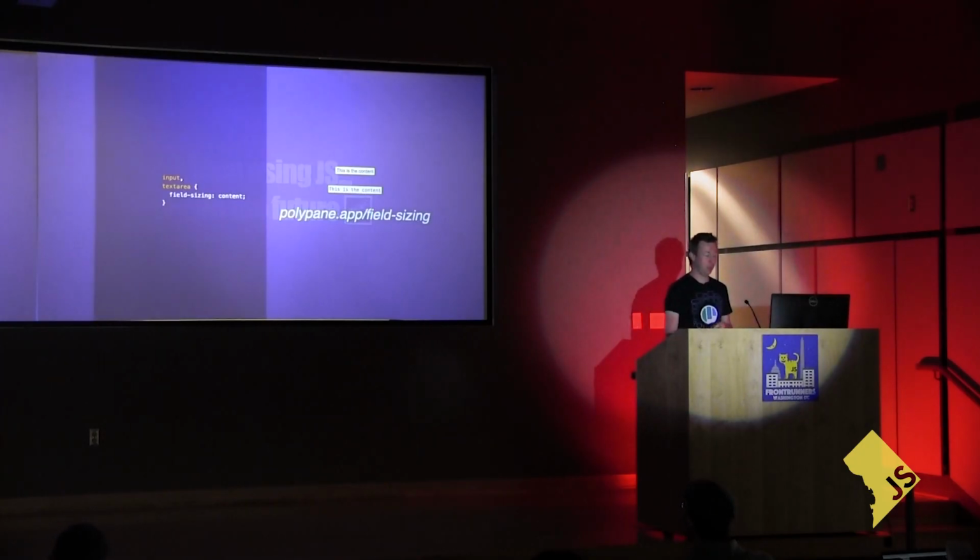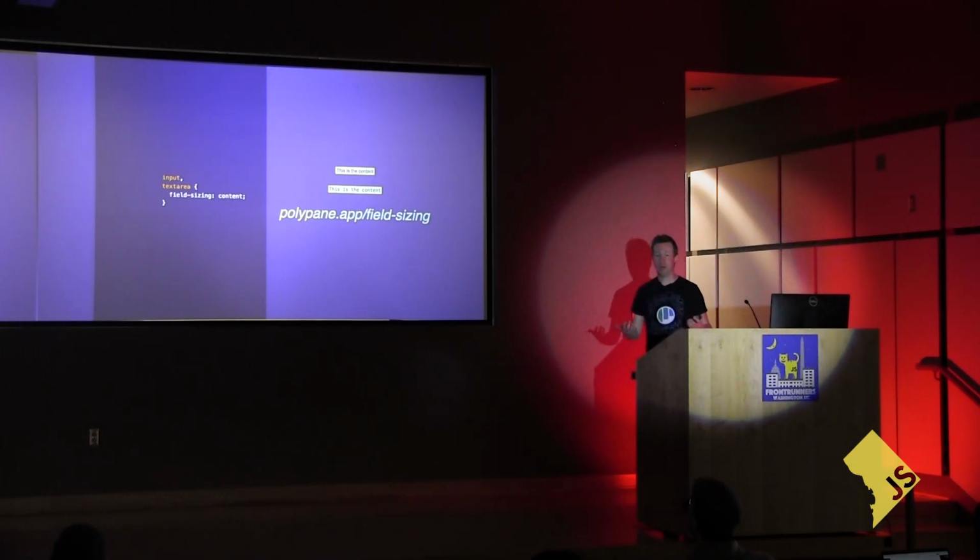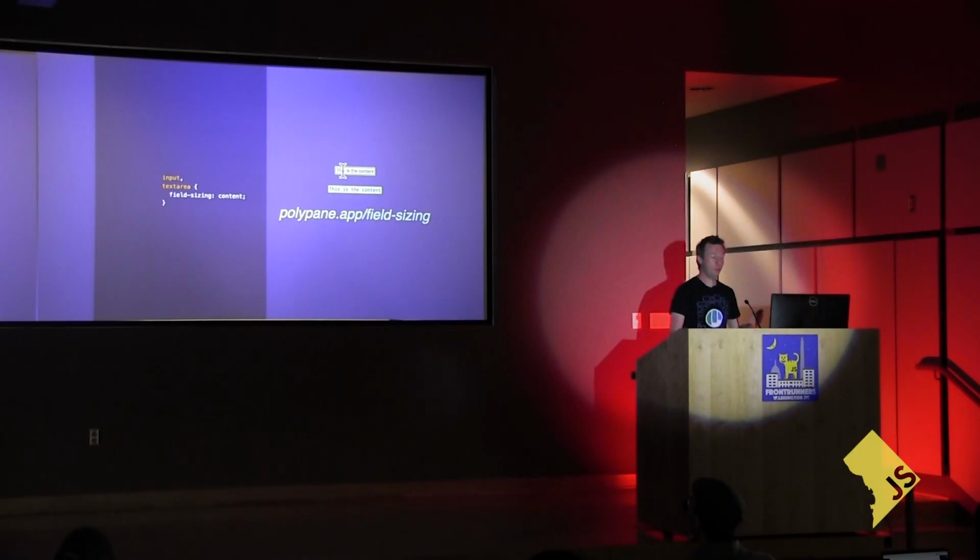So field sizing is available in Chrome, and it changes the way inputs and text areas are sized. Normally inputs and text areas have a fixed width and height, and if you type into them, they start scrolling or wrapping, etc. Very often, you want an input that just sizes to the content.